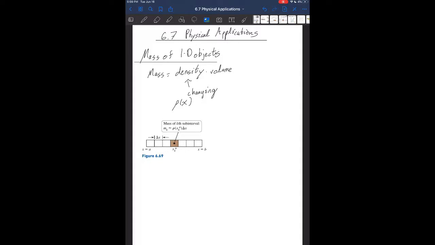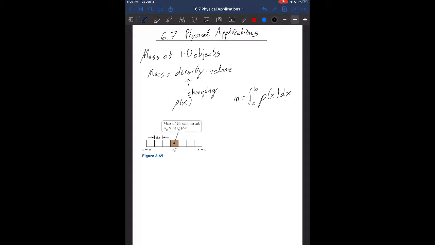Because it's not going to change too much from one really small end of our object to the next. And so we get this formula for a one-dimensional object where mass is equal to the integral from a to b of rho of x dx.